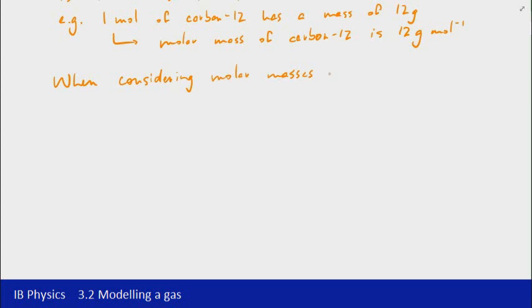So when considering molar masses of substances, it's simply a case of adding the molar masses of the constituent parts. So I'll just have a look at a couple of easy examples there.